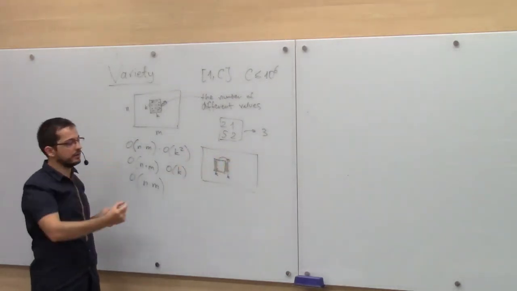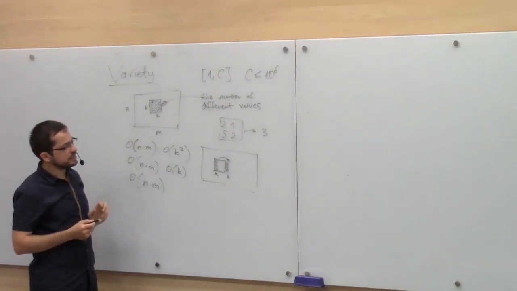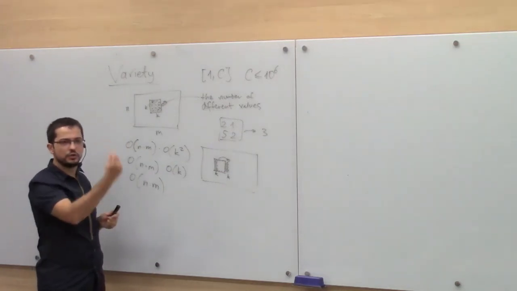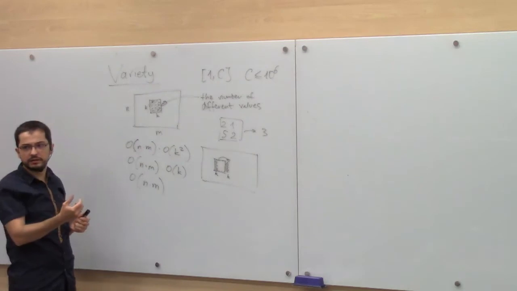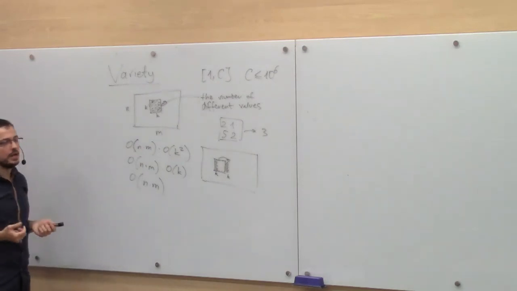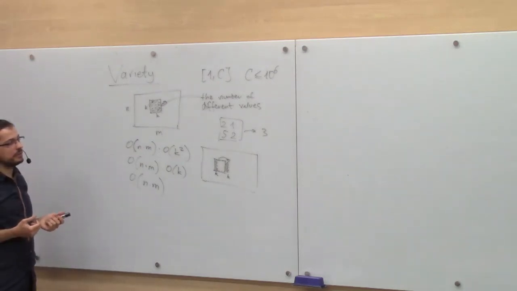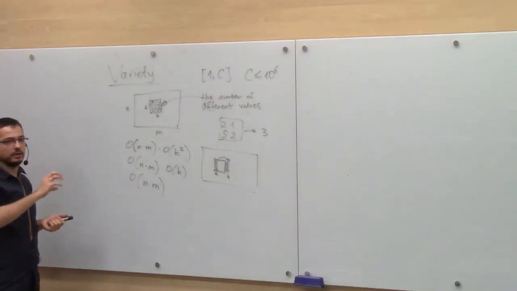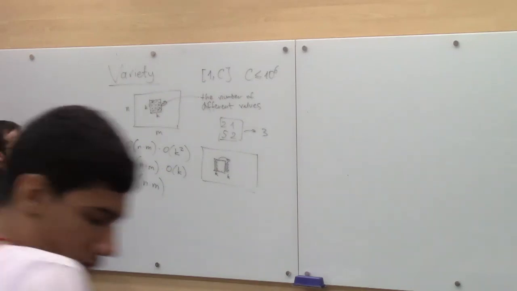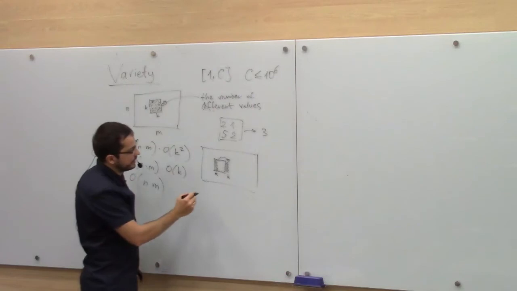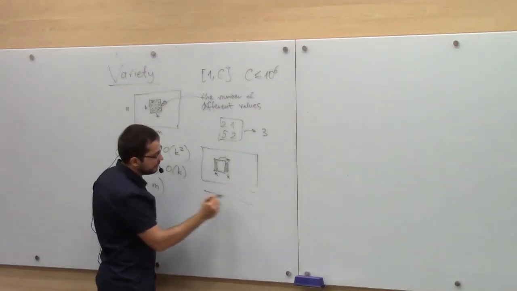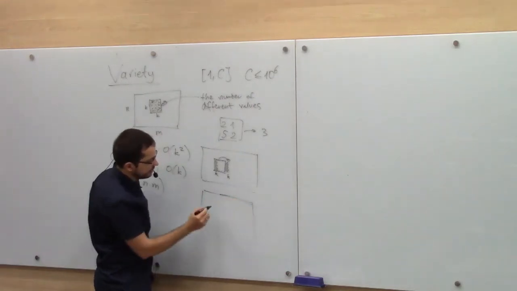We will be adding a new column, but adding a new column will cost us time proportional to k. But we will be updating more than one square at a time. Actually, we will be updating k squares.